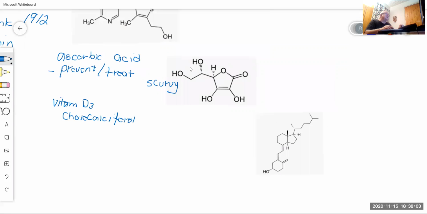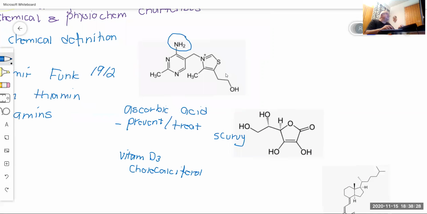Then we have ascorbic acid, which can be classified as a carbohydrate. So it's very hydrophilic, but it has also the acid characteristic. You maybe don't right away see it because this is now the keto-enol form.